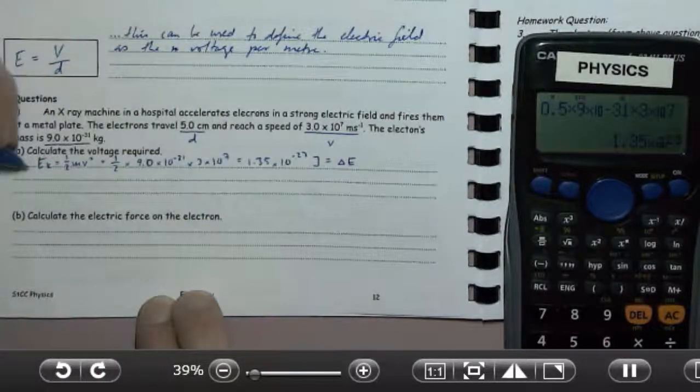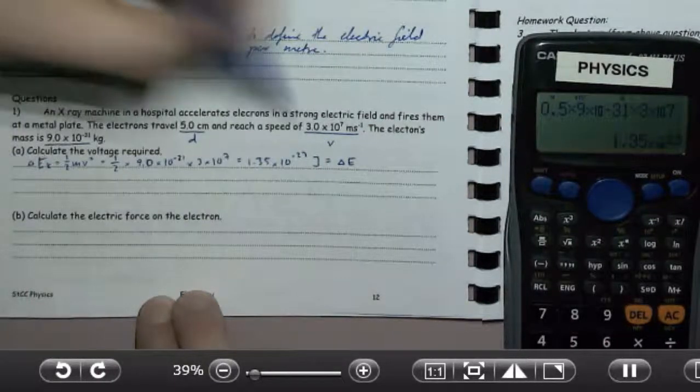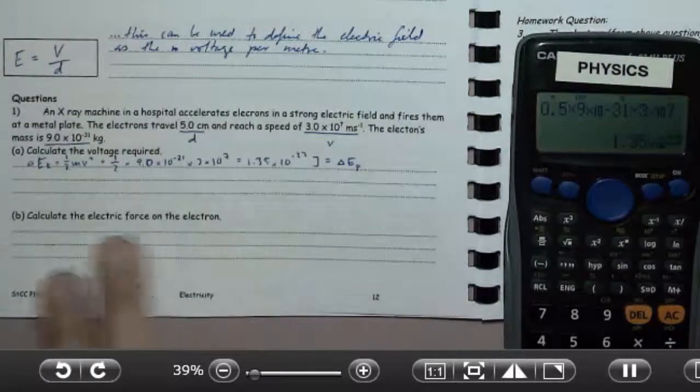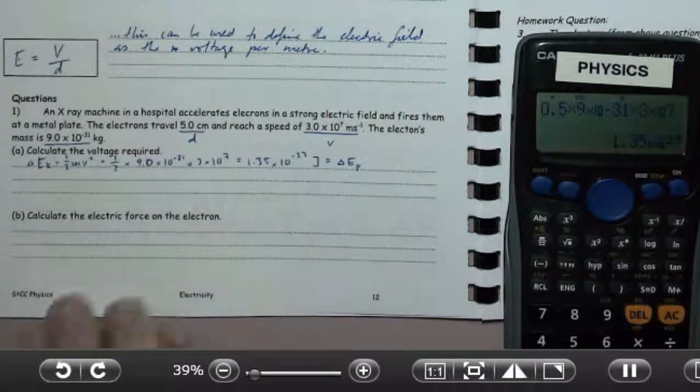Well, the gain in kinetic energy must be equal to the loss of electric potential energy, and so we know from our equation earlier that that is EQD, or it's the voltage times the charge.